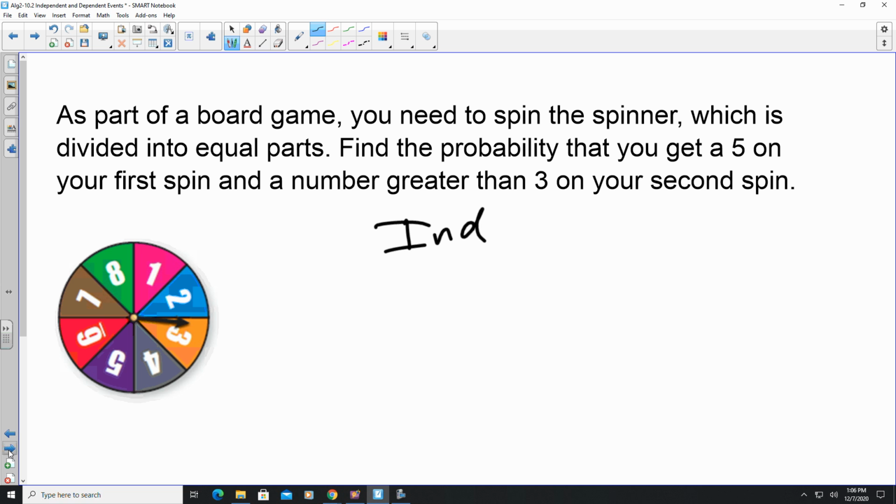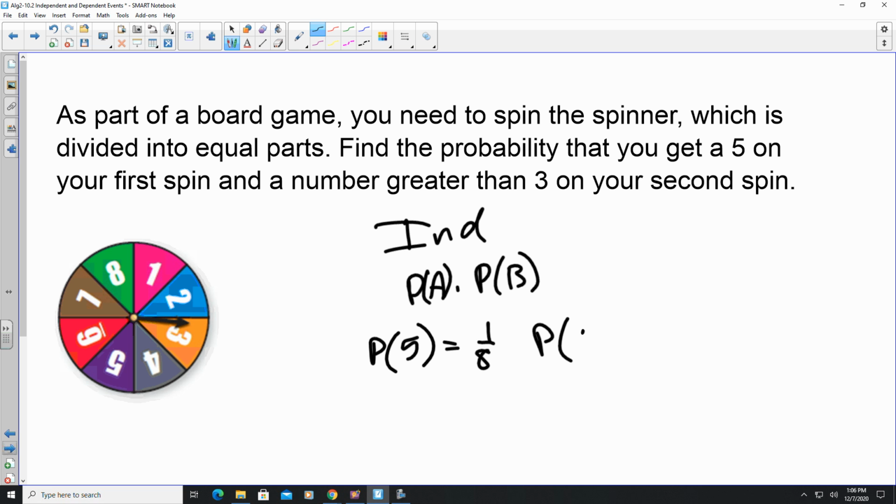So we're going to be using the formula that we got on the second page, which is the probability of A times the probability of B. So probability of A is, what is the probability of us getting a 5? Well, since there's one slot that's a 5 and there's 8 slots total, it's 1 out of 8. The probability for part B is getting greater than 3. So getting a 4, a 5, a 6, a 7, or an 8.